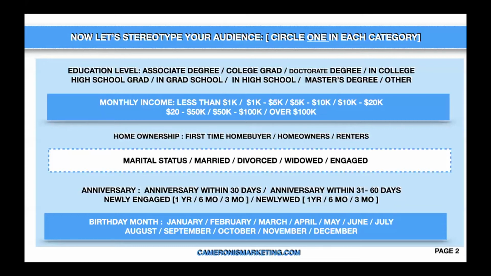If someone's having an anniversary in the next 30 days or in May, you can say, hey, I know you have an anniversary coming up in the next 30 days. Here's a few gift ideas, or here's a few things that you can do while you're quarantined. You can get really creative. That's why going through this step here is very, very important.